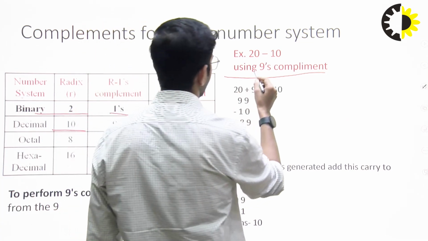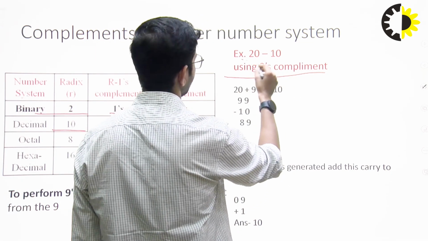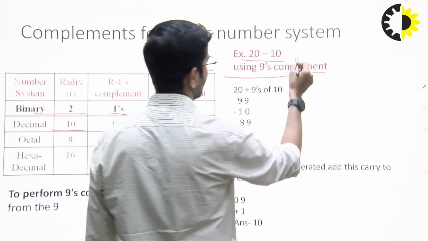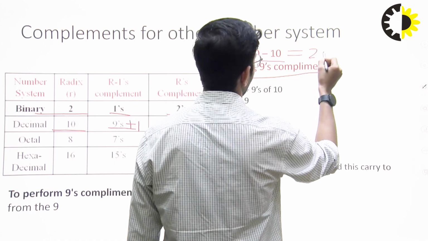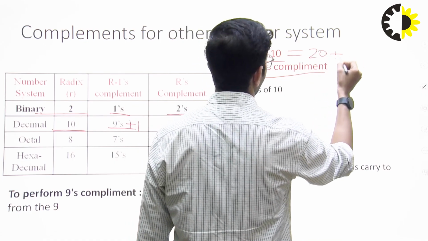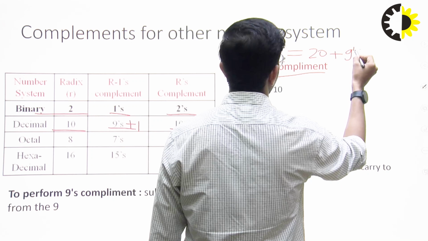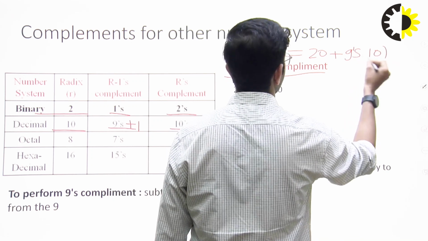Now if we want to perform the 9's complement for the given 20 minus 10, as I have already discussed in the previous lecture, A minus B can be written as A plus the 9's complement of B, that is 10.